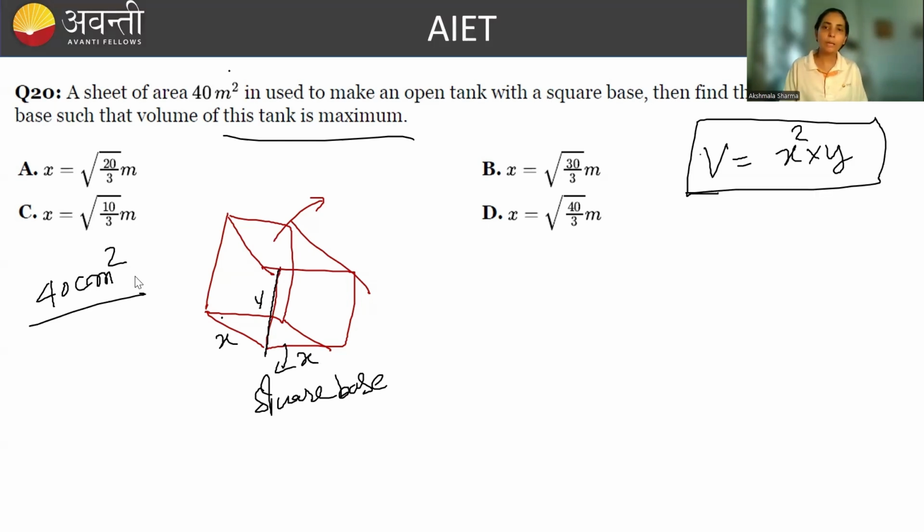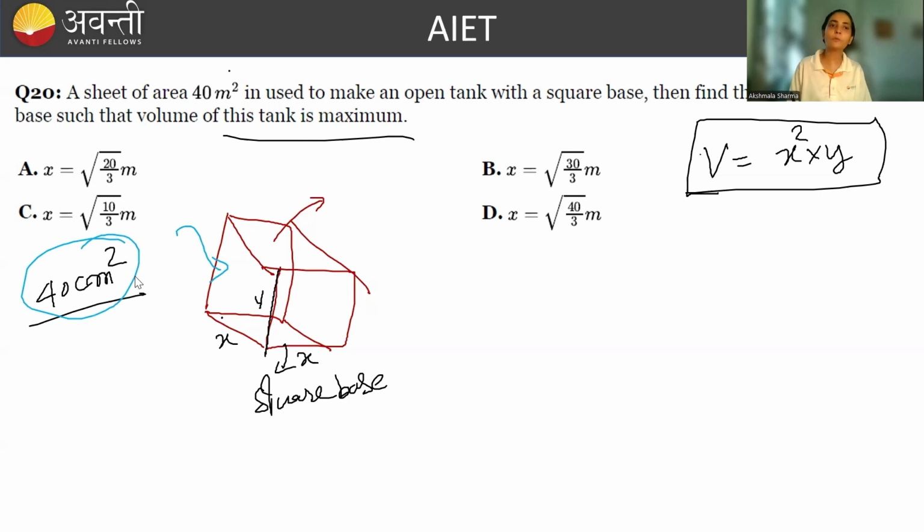Now, if we somehow write y in terms of x, then by using mathematics we can calculate the value of x at which the volume will be maximum. So first we need to reduce y into x. How can we do that? We can use this thing here. We know that this whole tank is made with this sheet.